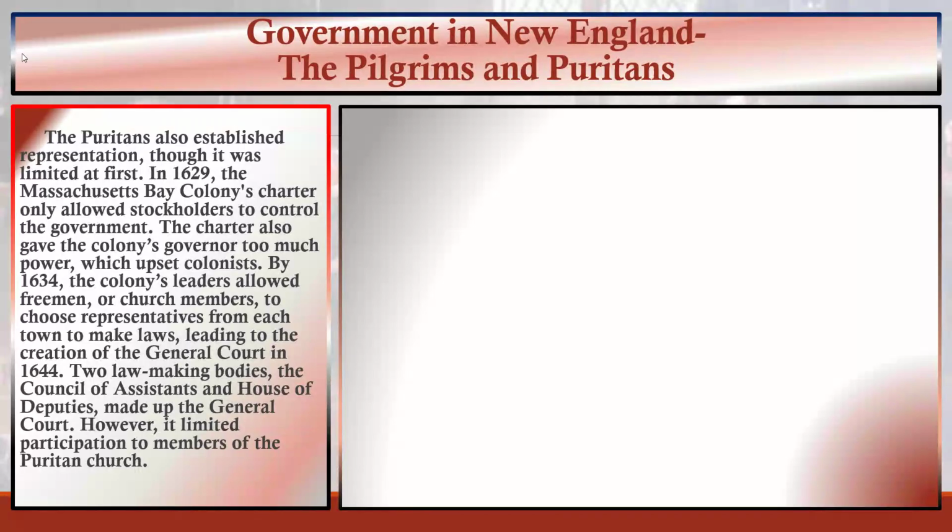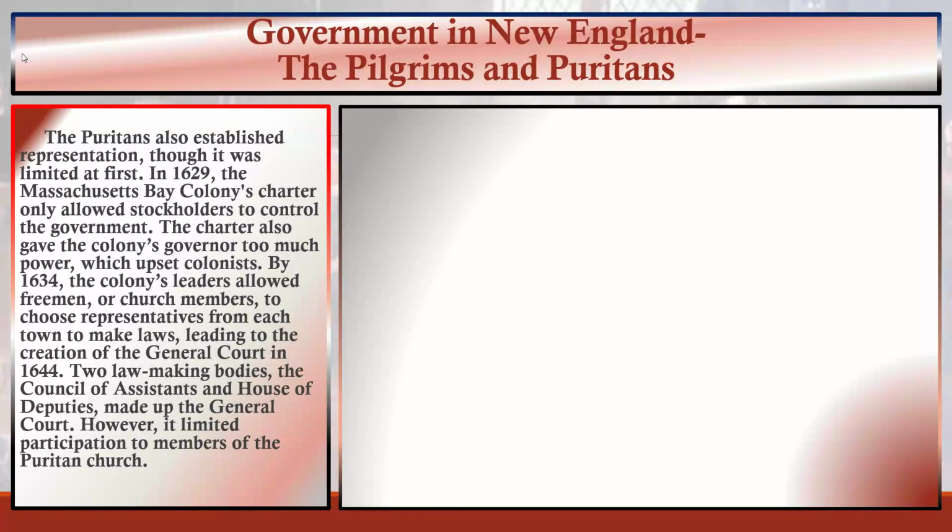And remember, these people are working hard to create a colony, and they feel like they're doing all this hard work, but they're not being recognized, and they want recognition. So this is going to lead the Puritans to have to form their own government. They're going to have to form what's called the General Court. That's their solution.